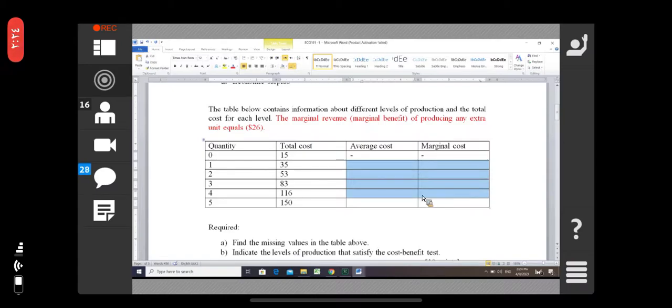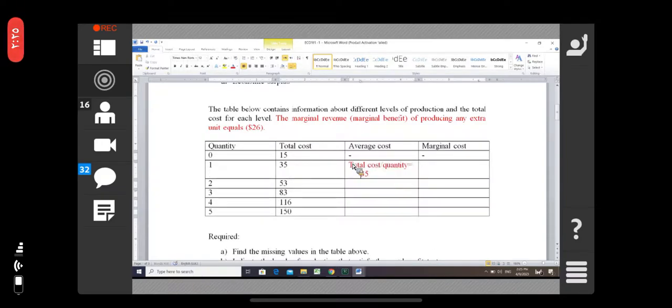I'll just highlight this in red. $35. How much is the average cost at quantity 2? $20.